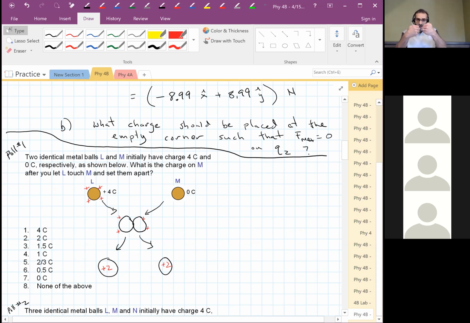Right at the point where M and N touch, the positives would want to pull an electron or two over. And so M might lose a couple of electrons. But if we're talking a lot of charge here, 4 coulombs of charge is a huge amount of charge.